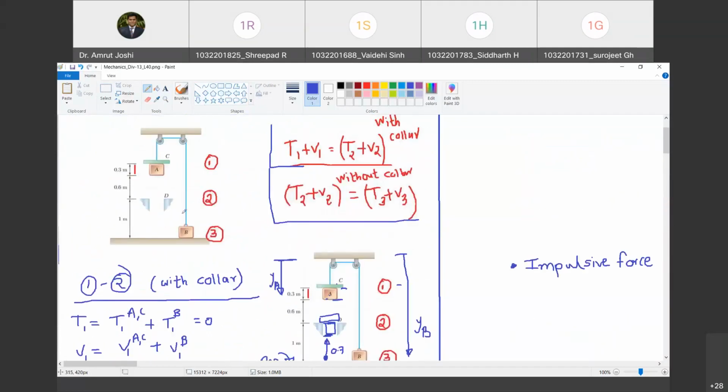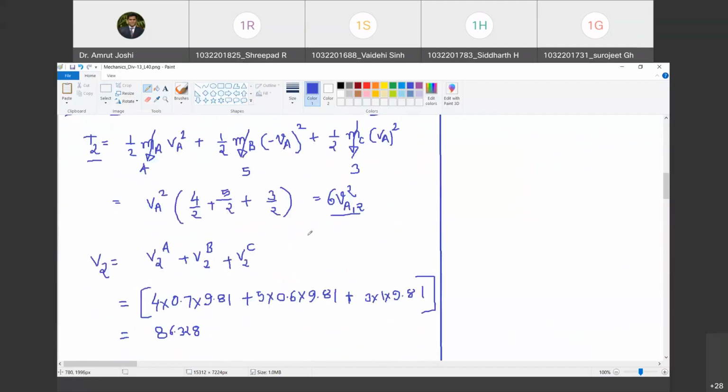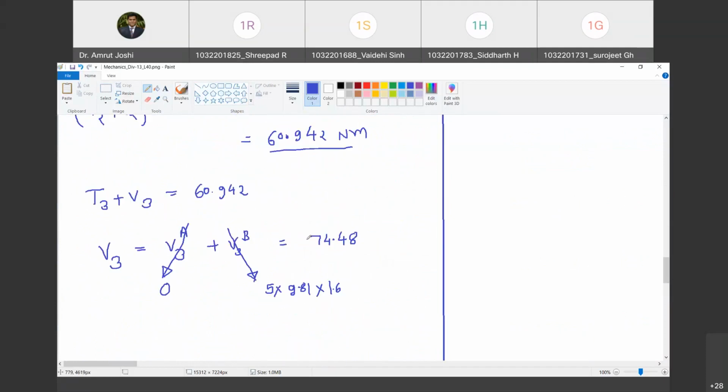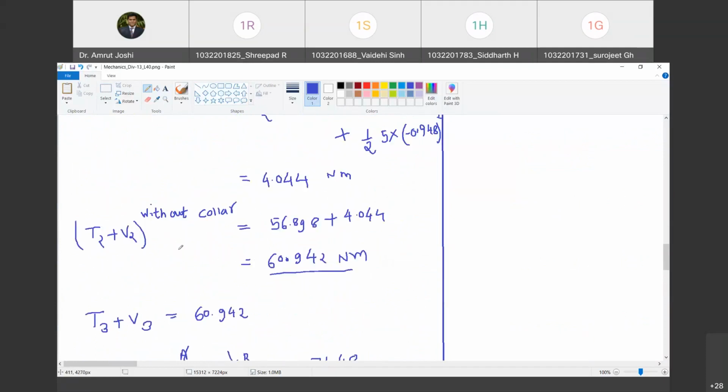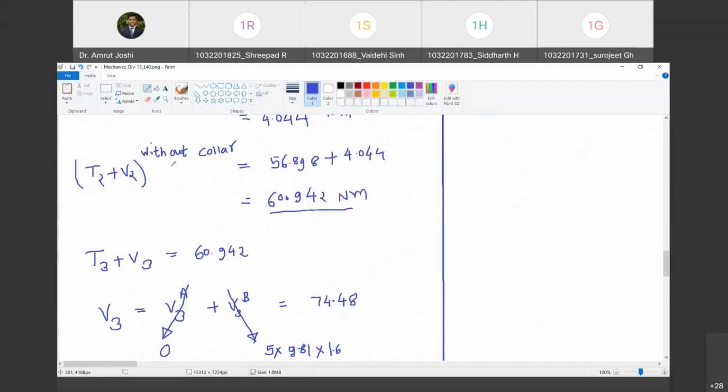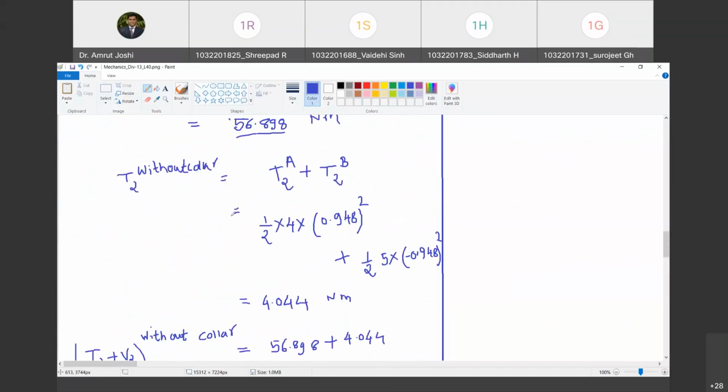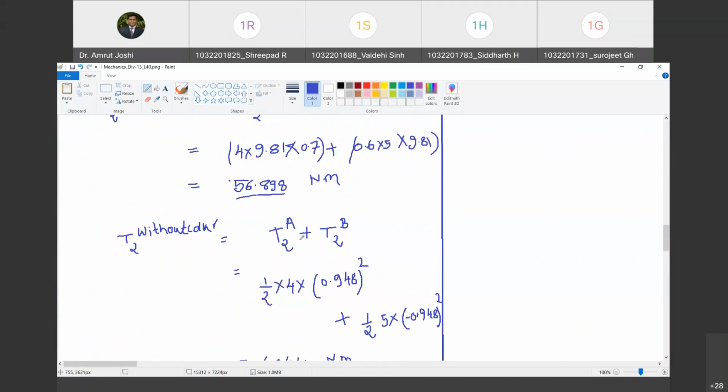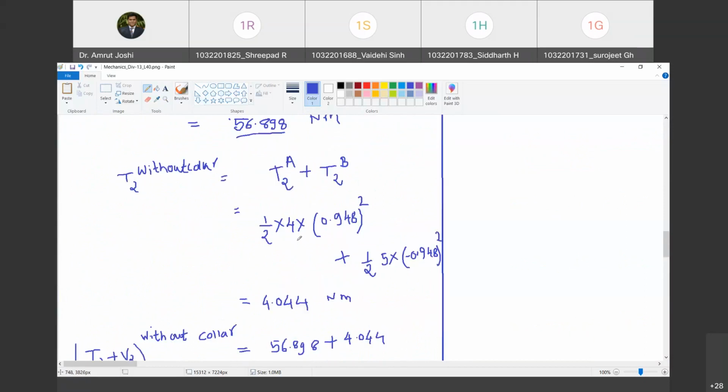Okay. Now V2 plus T2 without collar: T2 without collar is half into 4 into 0.948 square plus half into 5 into 0.948 square.